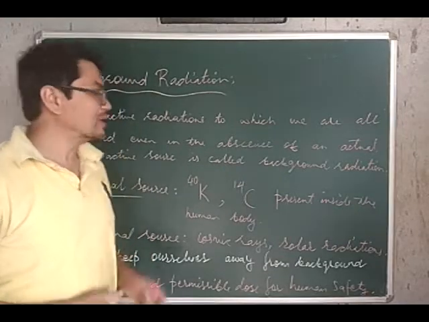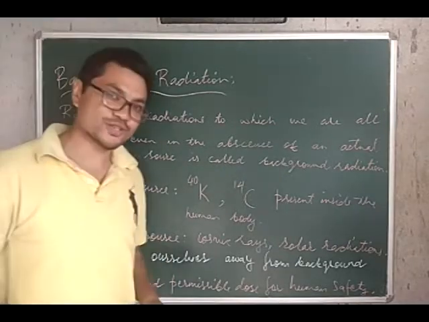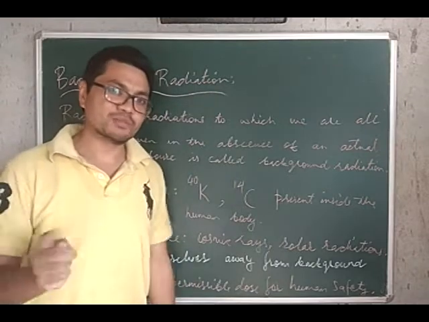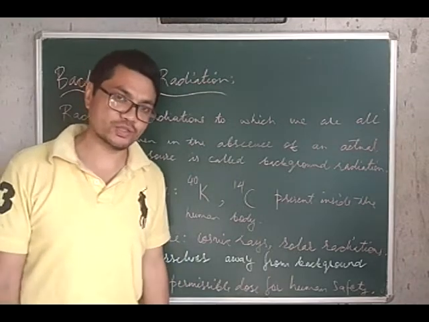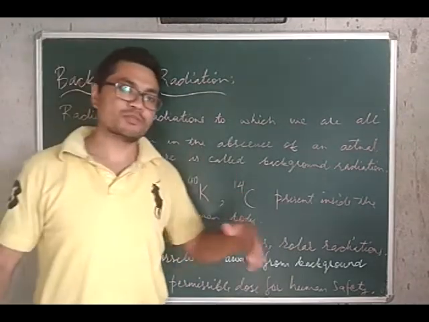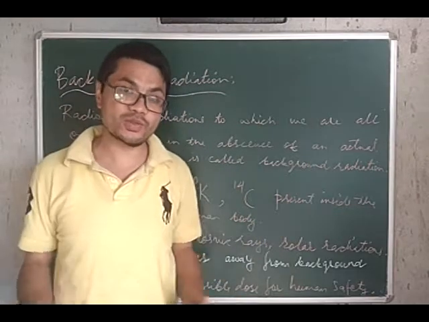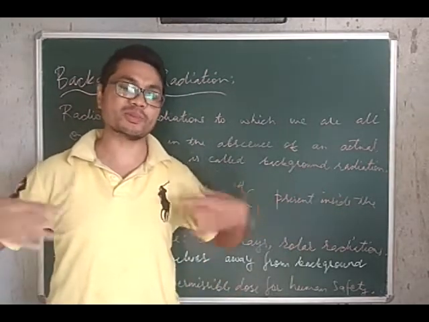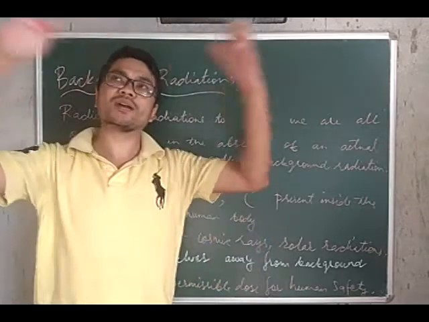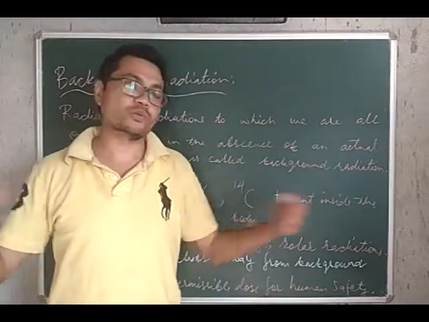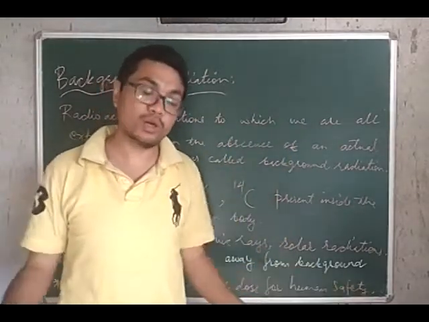Finally, let's talk about something called background radiation. You might get a one mark question, what is background radiation? Background radiations are radioactive radiations, alpha, beta, gamma radiations, to which all of us are exposed all the time.